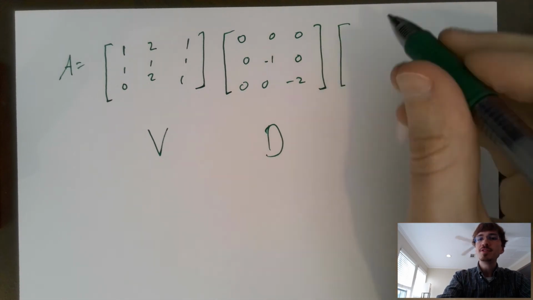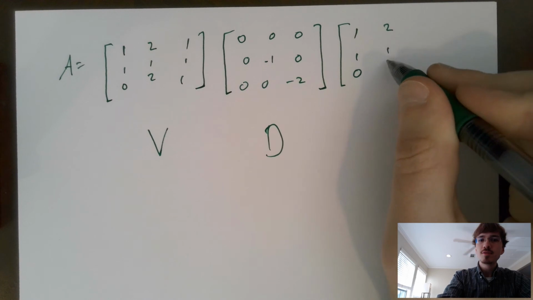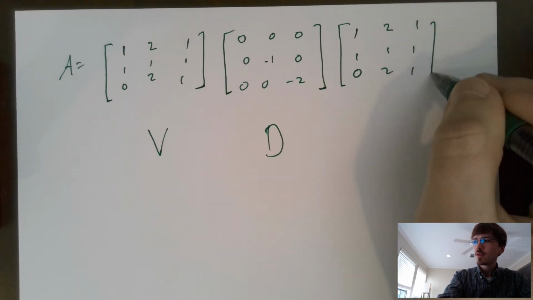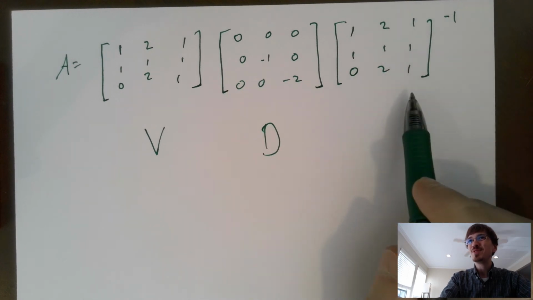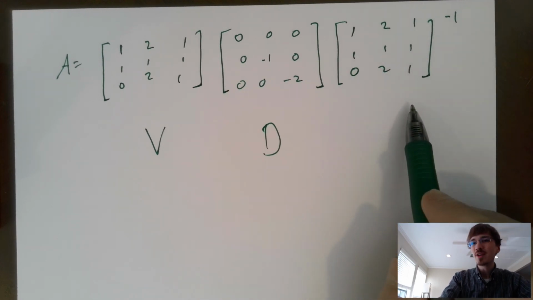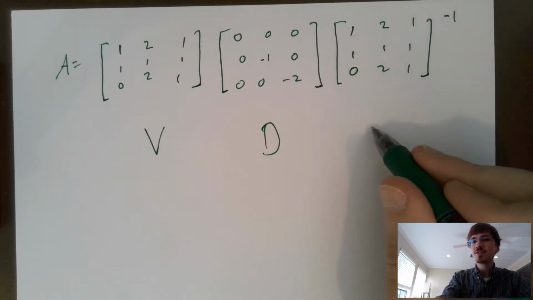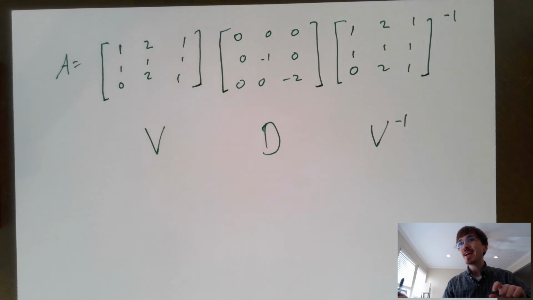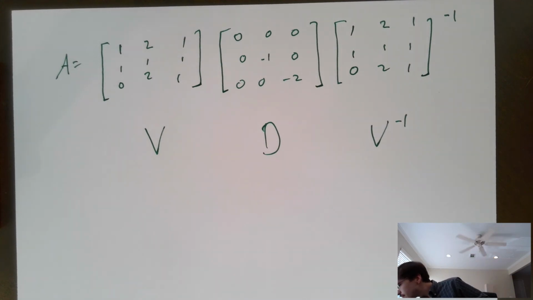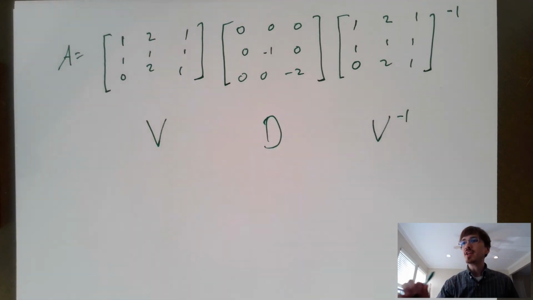And I'm going to be lazy and just write V with the inverse sign. Yeah, we know how to compute inverses. How do we compute inverses? You augment with the identity, row reduce, whatever. But we can just leave it as something inverse. We can compute this if we really wanted to. And now it's diagonalized. We have found a similarity transformation between A and the diagonal matrix with just the eigenvalues on the diagonal.